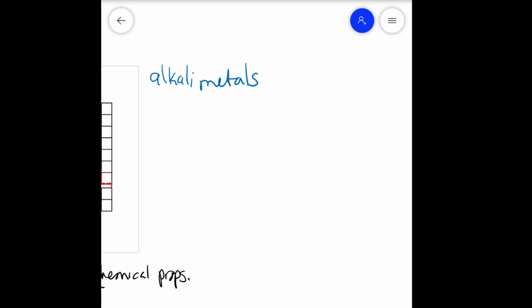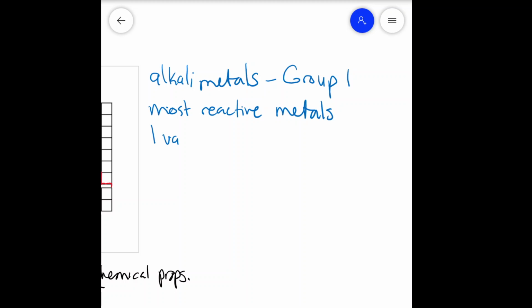Hydrogen acts like a metal, but it's not actually a metal. So the alkali metals are also group 1. And they are the most reactive metals because they have 1 valence electron.